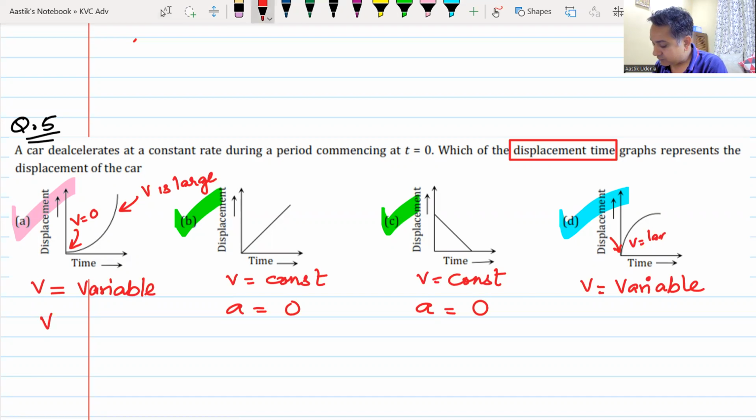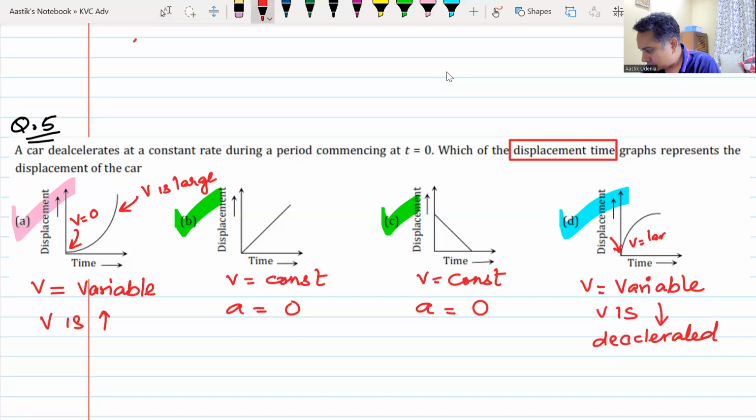Here if I look, velocity is increasing. Here if I look, velocity is decreasing. So where velocity is decreasing, we will find that the particle is deaccelerated. Do we understand this? Yes or no?